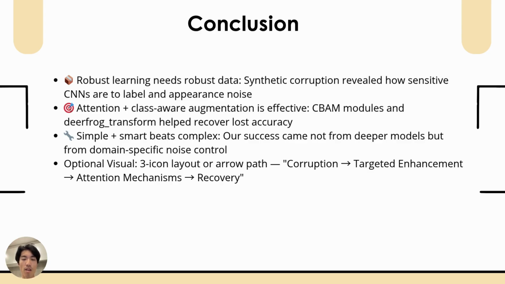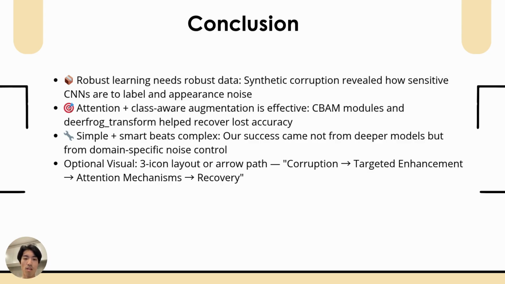The second, attention and class-aware augmentation is effective. By adding CBAM attention modules and our customized deer-frog transform pipeline, we were able to recover significant accuracy lost in the most affected classes.